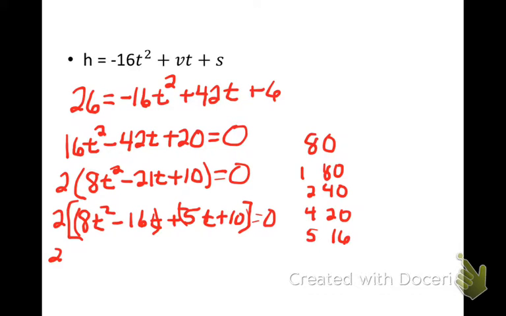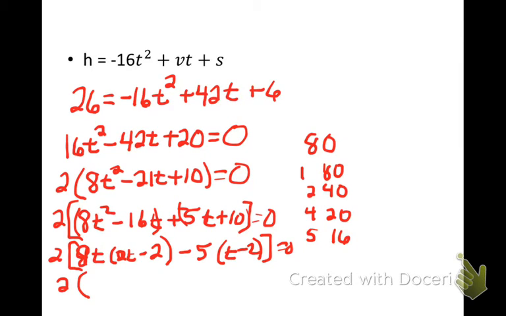I have a 4t, leaving me 2t minus, oops, wait a minute, I've got a bigger thing, I've got an 8t in common, leaving me t minus 2. And then over here I have a negative 5 in common, leaving me with t minus 2.